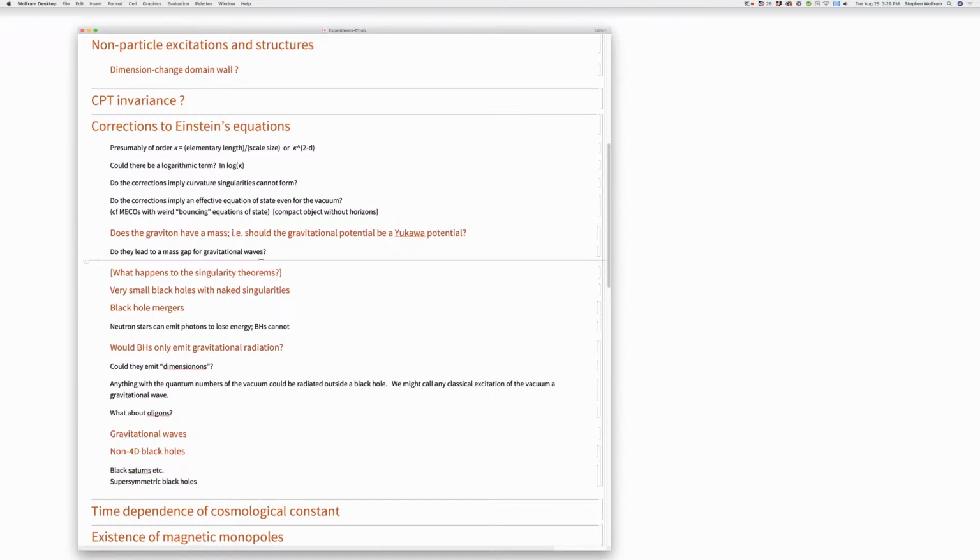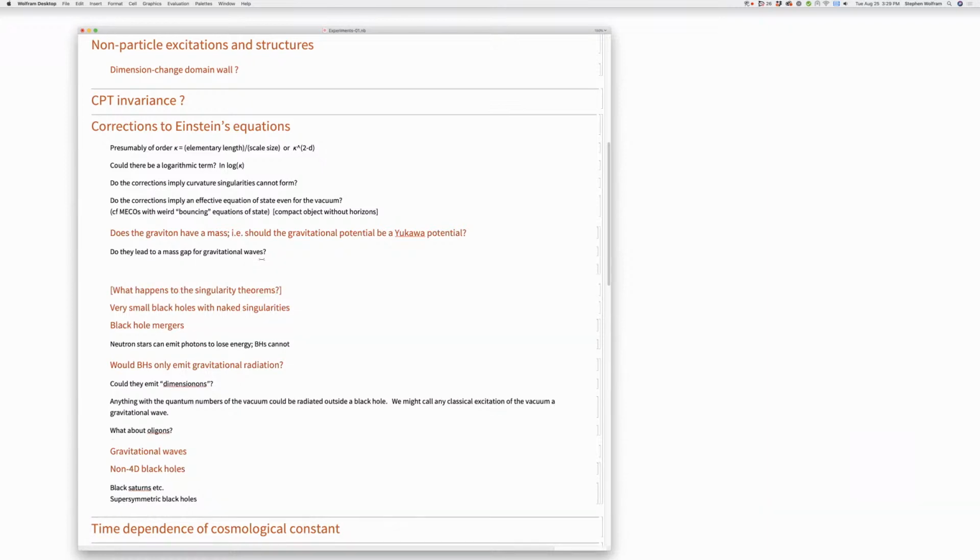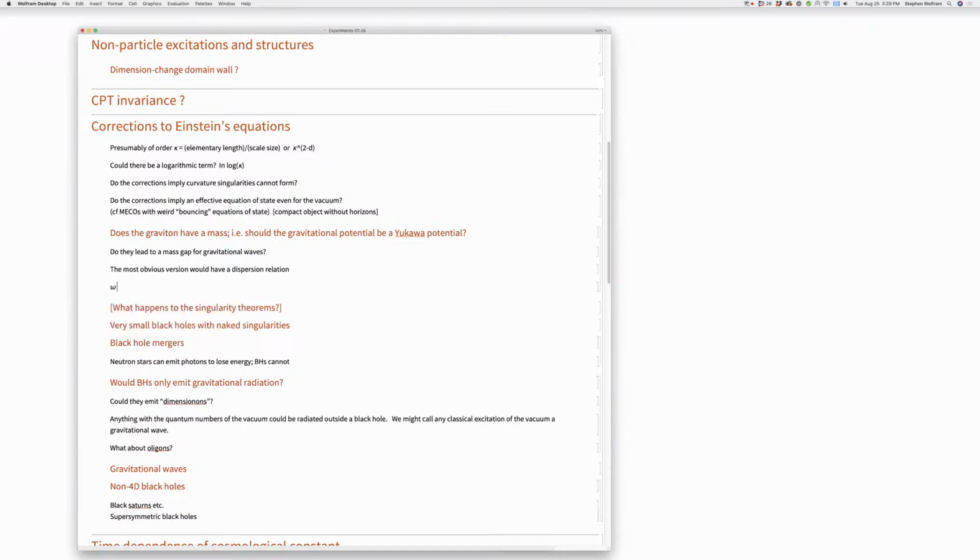I'm trying to understand that. So the most obvious version has a dispersion relation. What you're basically saying is that the dispersion relation for the waves, instead of the standard omega goes like some constant times k, which is the massless case, would have added to it, if there was a pure mass term, omega squared equals c squared k squared plus a mass term, right?